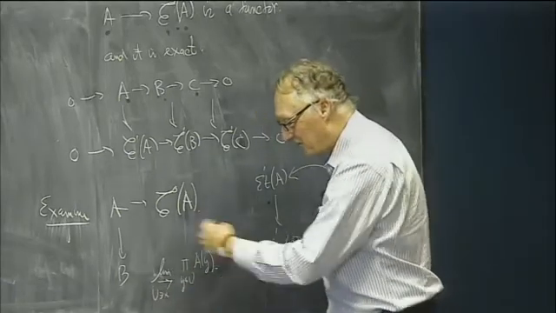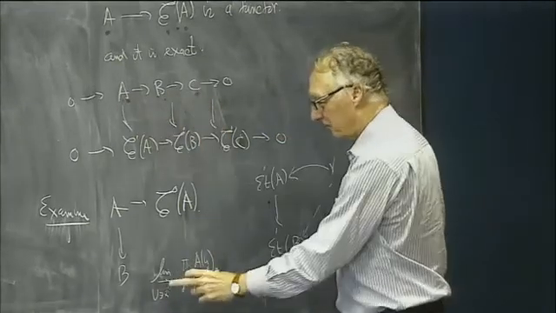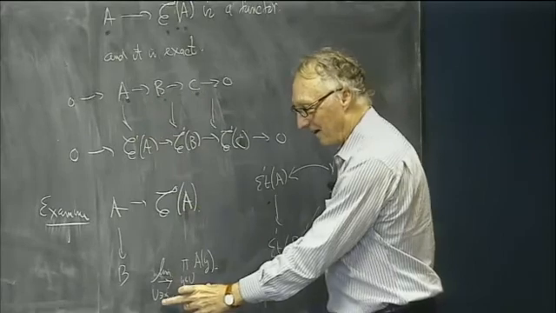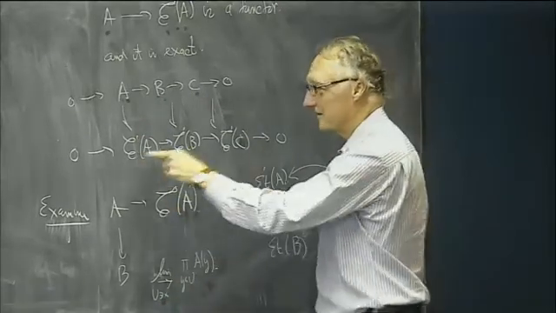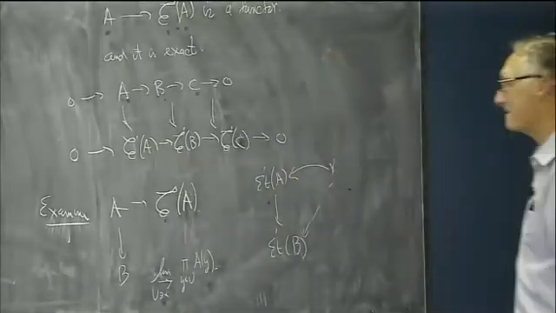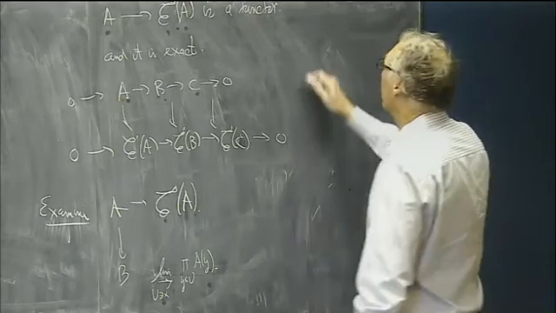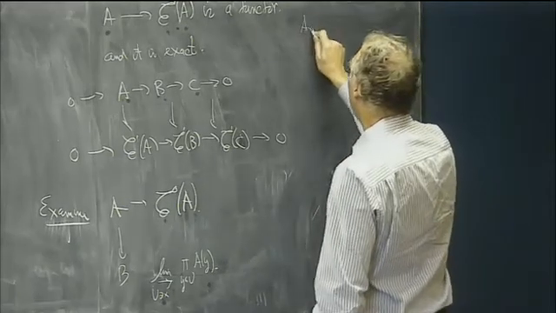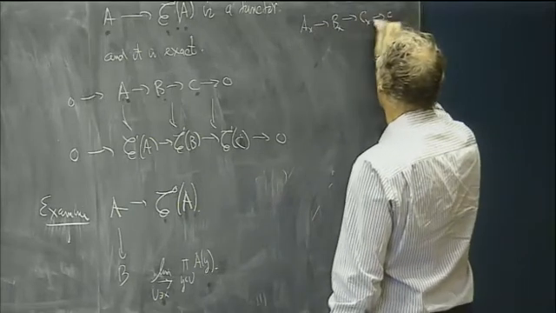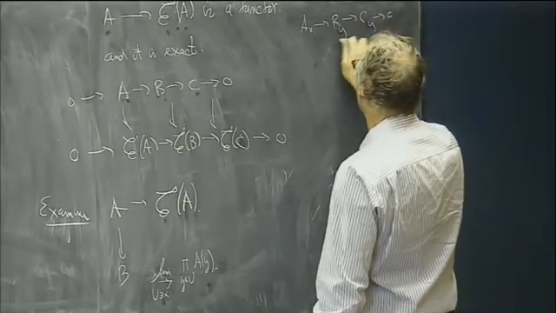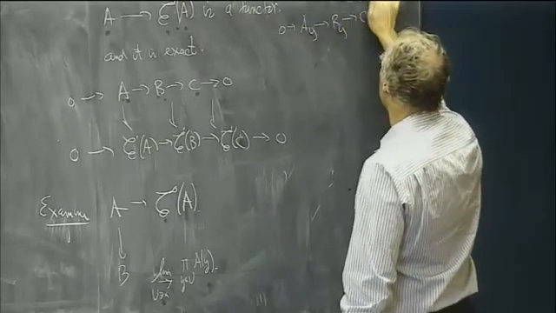So this construction, starting with a short exact sequence, will produce a short exact sequence of stalks for C naught, and that's the definition that this is exact. Okay. You follow that? So we have A_Y to B_Y to C_Y to 0 is exact for all Y.